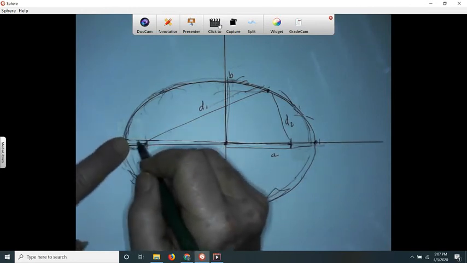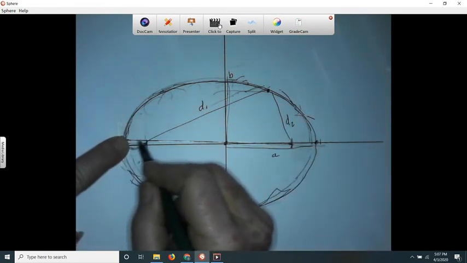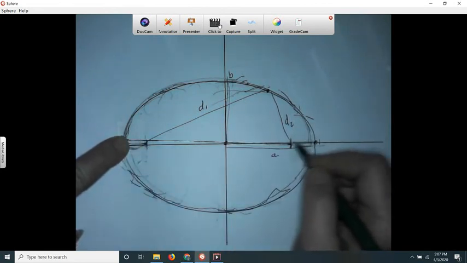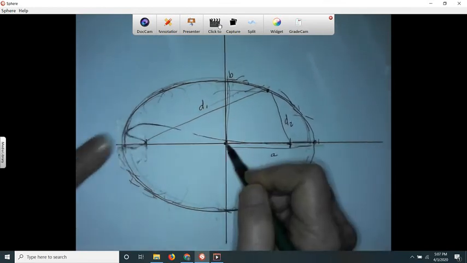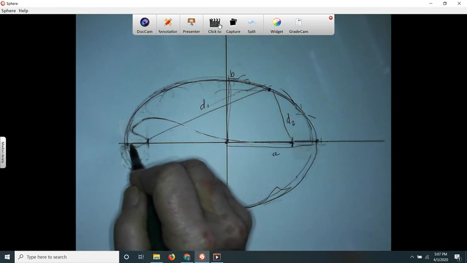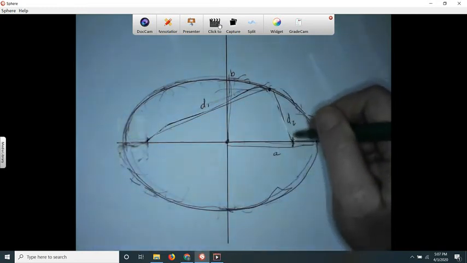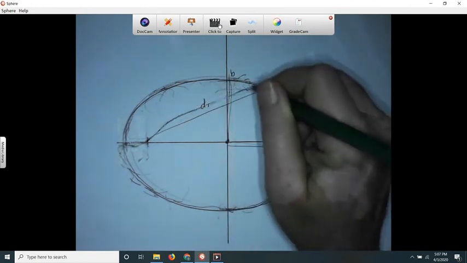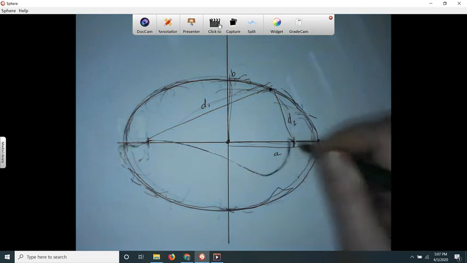So this top part of the string, I could just chop it off and stick it over here. And isn't that 2A? Because from here to here is A, and from here to here is A. So all the way across is 2A, and the sum of these two distances is also 2A, even if I take it around somewhere else.